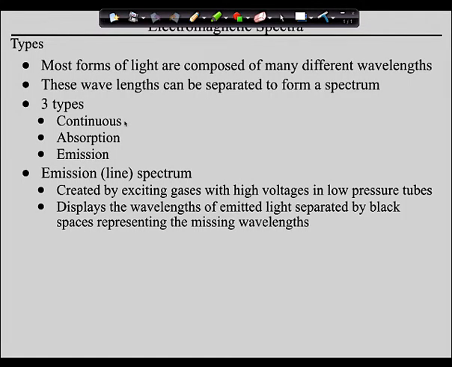Then we can take the light that is emitted by these and break it down into an emission spectra by passing it through a prism. I'll show you an example in a minute, but when we do that, what we get are lines of color separated by black spaces that represent the missing wavelengths.